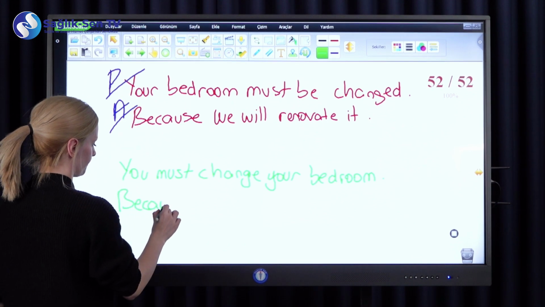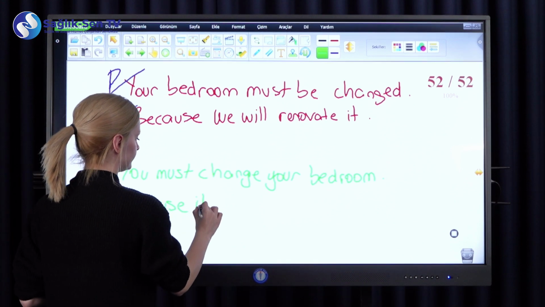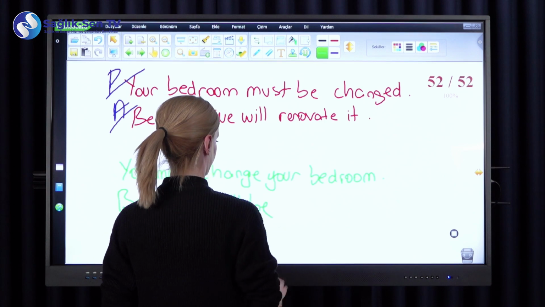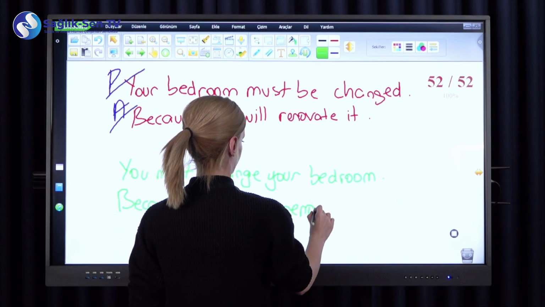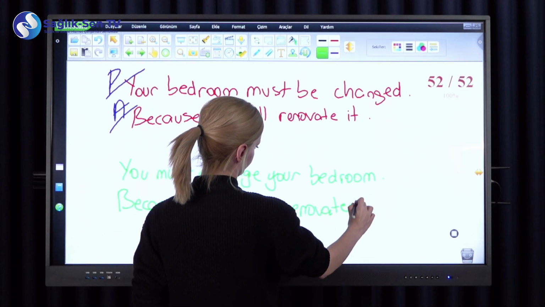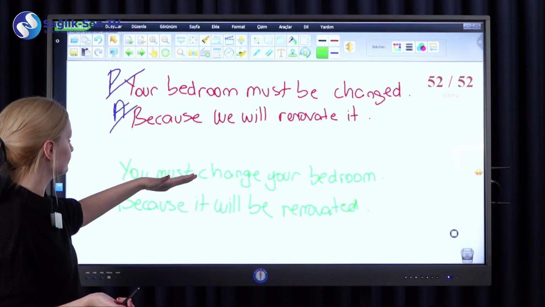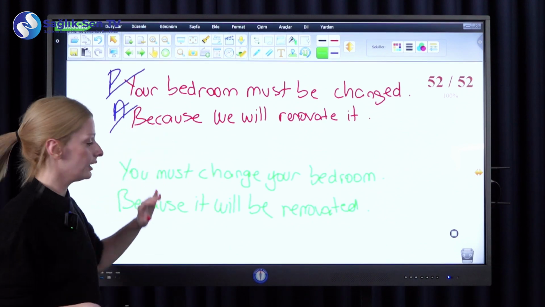Because it will be renovated. I did passive one active and the active one passive.